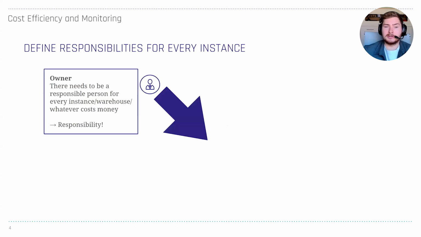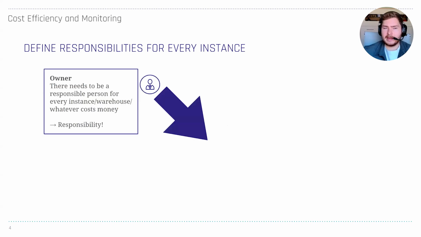But before you start with that, one really important topic regarding cost monitoring is responsibility. It often gets overlooked. A lot of projects just start, they get a business use case from someone, but nobody really writes it down or makes fixed responsibilities, and I think it's really important.